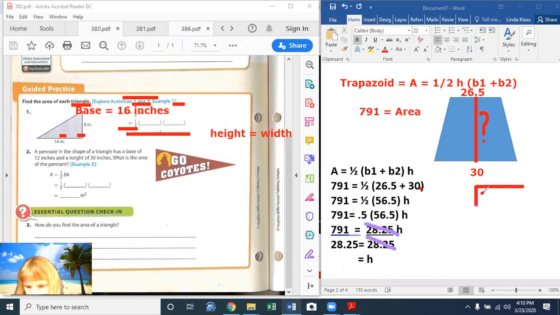I heard somebody say that out there in Cyberland. 791 divided by 28.25. Now, remember when we divide decimals, that's why this problem is excellent for review.